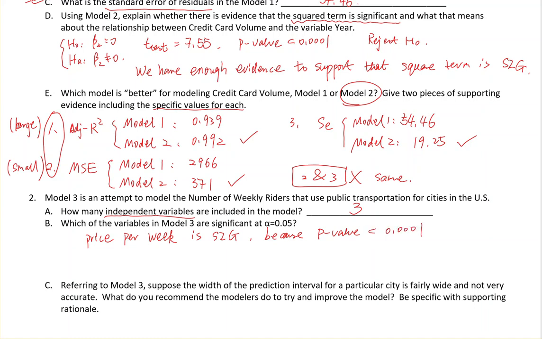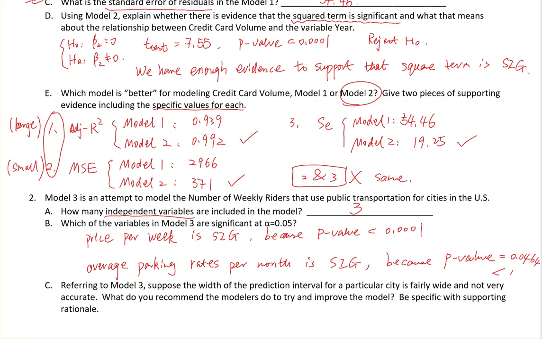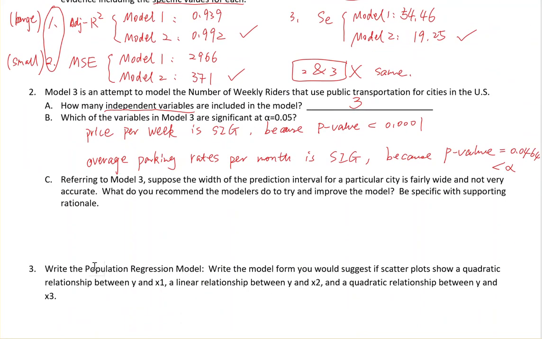The other one is the average parking rates per month. It is a long variable name. It is significant because the p-value equals 0.0464, which is less than alpha. All right, done. Okay, next.